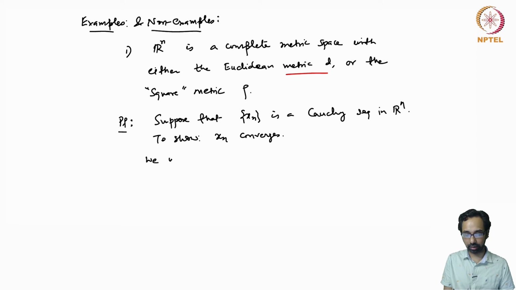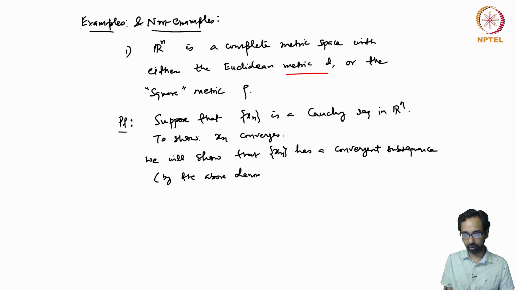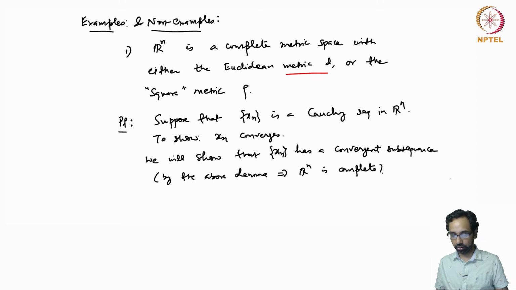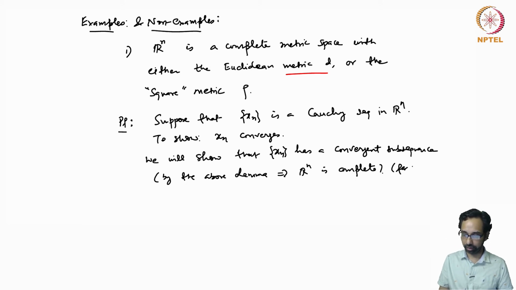We will show that x_n has a convergent subsequence, and so by the lemma above, this would imply that R^n is complete. So, for the metric d.